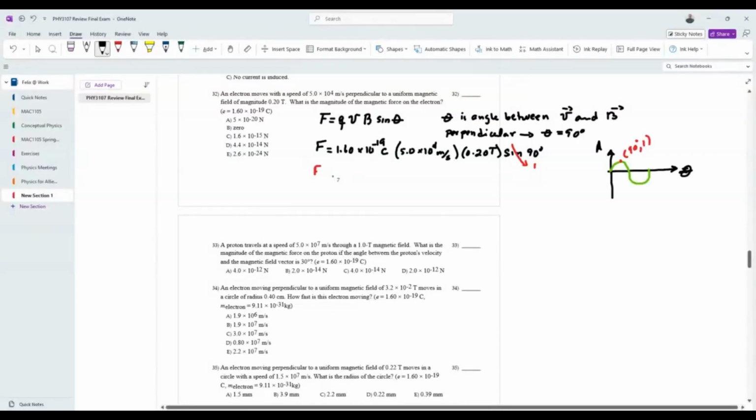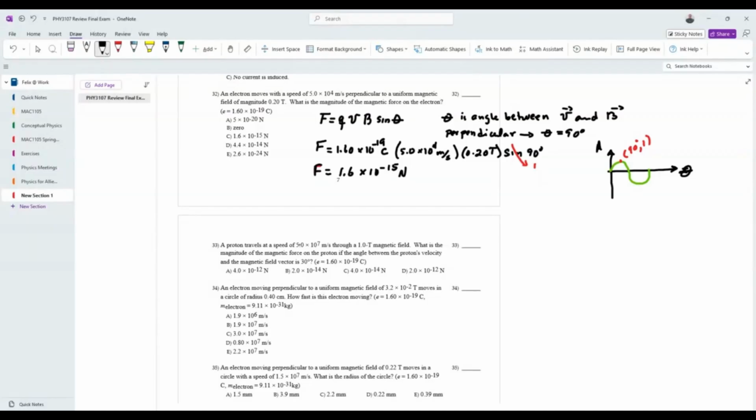So you calculate 1.60 times 5 times 0.20, and then 10 to the negative 19 times 10 to the 4 is 10 to the negative 15. You will get 1.6 times 10 to the negative 15 newtons.